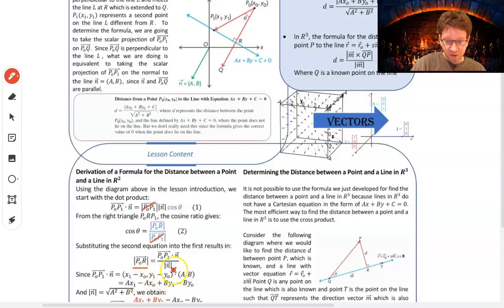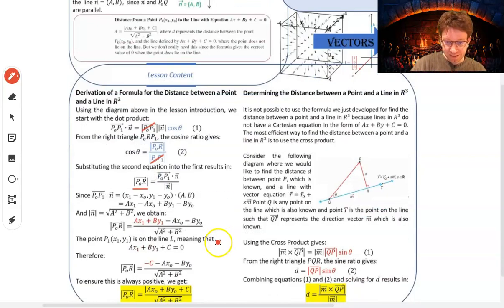And then we are going to dot it with the normal vector, which is just A, B from here. And if we do that dot product, right now I'm just analyzing the numerator here, we'll get A times our x coordinate here, and B times our y coordinate.